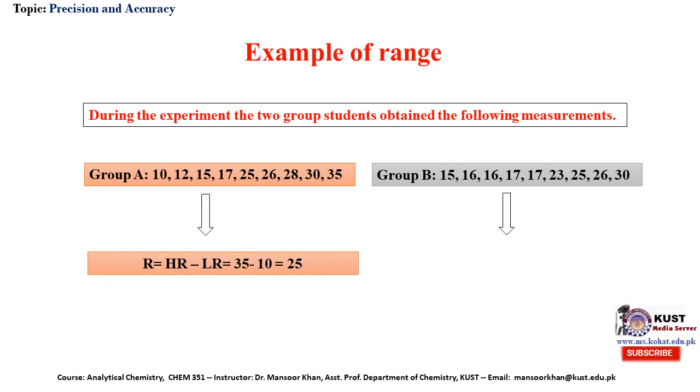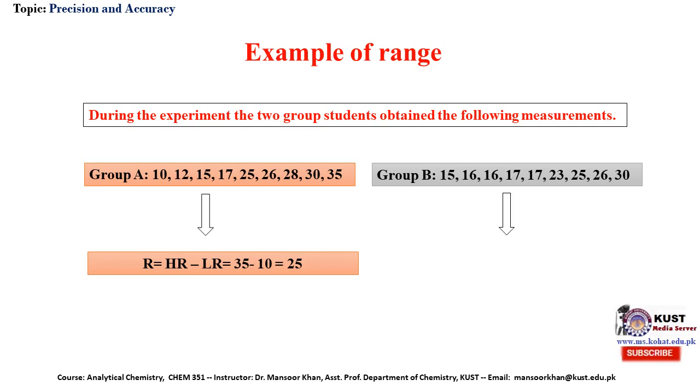Now we know that range is the difference between the highest value and the lowest value present in the dataset. For group A, the highest value is 35 and the lowest value is 25. Here HR is used for highest reading and LR is used for lowest reading.